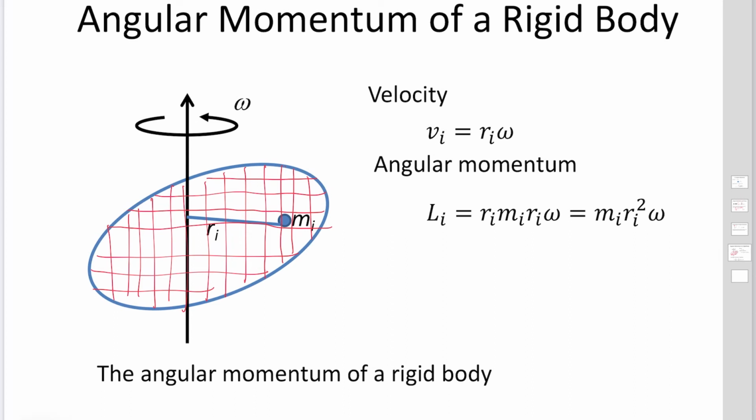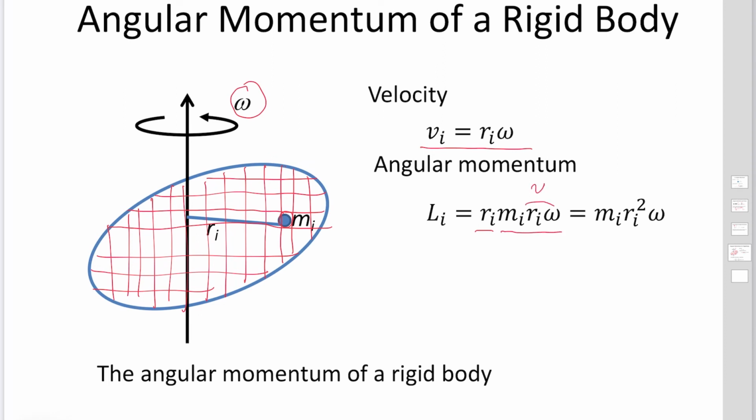If you consider a small part of the rigid body, this blue part is making circular motion around the axis of rotation, and the angular velocity is omega. Then the velocity is expressed as v_i equals r_i times omega. And the angular momentum can be calculated as r_i times m_i v_i.